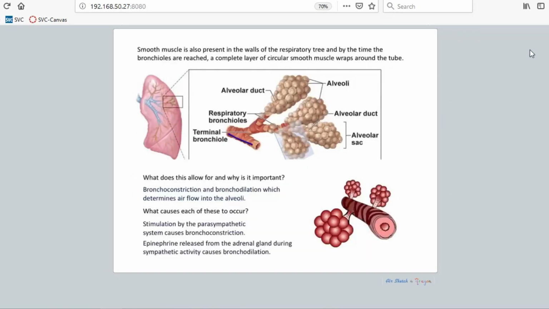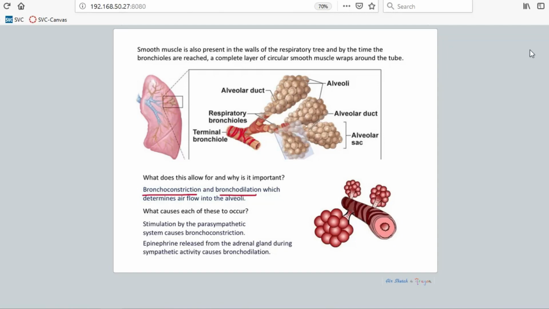So these are the bronchioles, and as you notice, there's no cartilage around them, but what do we have there? We have bands of muscle wrapping around the bronchioles. What's the purpose of that smooth muscle? That's going to allow for bronchoconstriction and bronchodilation.